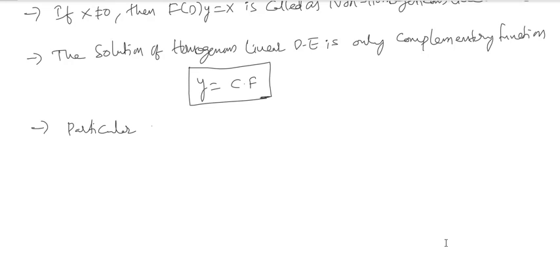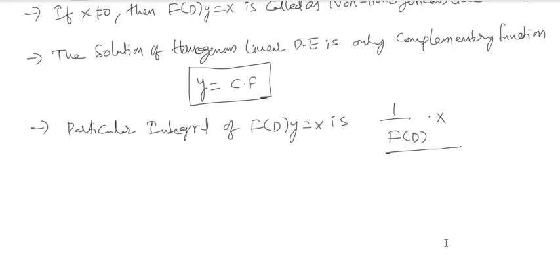The particular integral of f of D into y equal to X is usually calculated as 1 by f of D into X. This is the particular integral. I will tell you how you have to solve this one. You don't get bothered. Clear with my point?